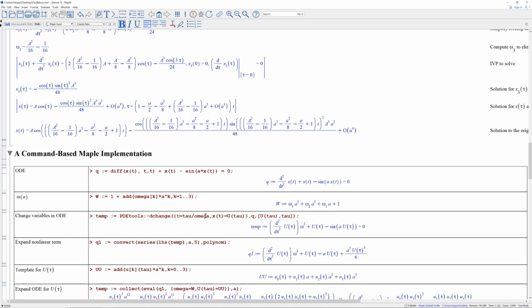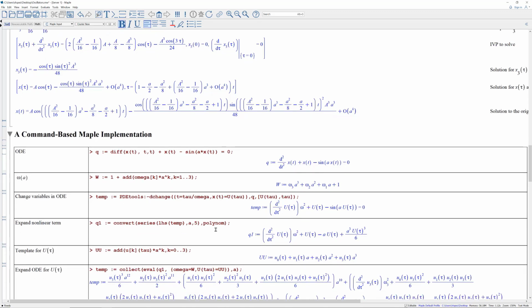T becomes tau over omega. This is the expansion of this sine term. And these expansions would pick up the order term, and this convert to polynomial removes that order term so you can continue working with these expressions.